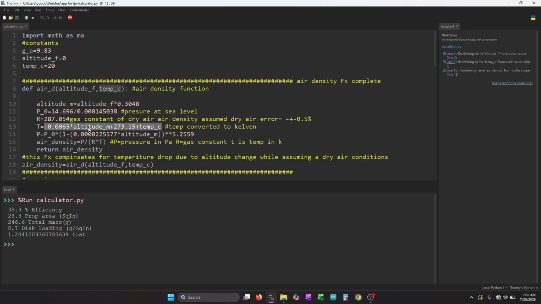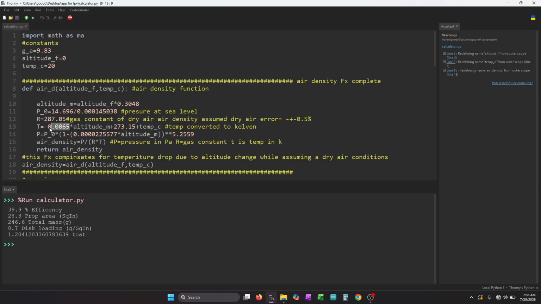I can go higher if need be, but I had a good idea of what the temperature and at what altitudes would change up to about 10,000 feet. So that's what I put in. I used the temperature in C here, and the altitude in meters here.